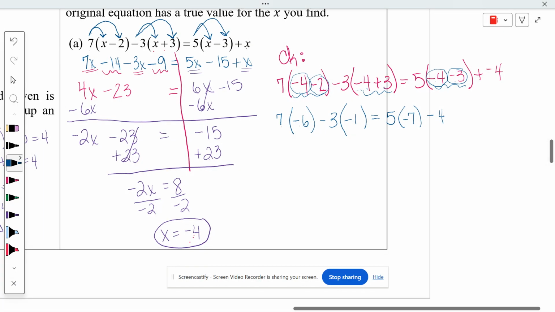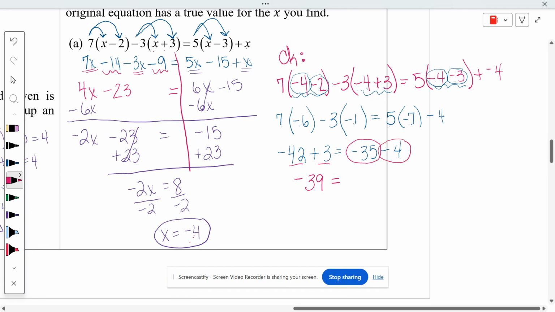So let's multiply. 7 times negative 6 is negative 42. A negative times a negative is a positive. 3 times 1 is 3. Equals 5 times negative 7. A positive times a negative is a negative. Negative 35 minus 4. So on the left side, the signs are different. So I subtract. 42 minus 3 is 39. Keep the sign of the bigger number. Equals, on the right side, the signs are the same.